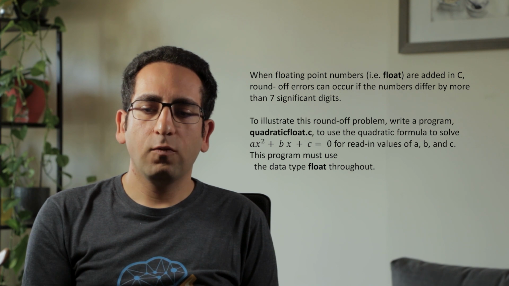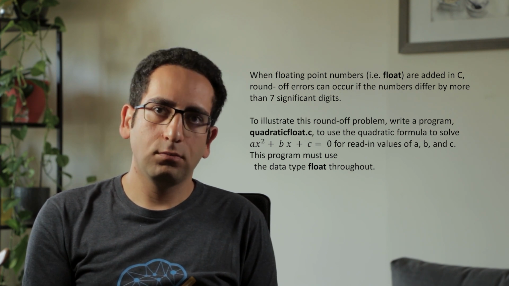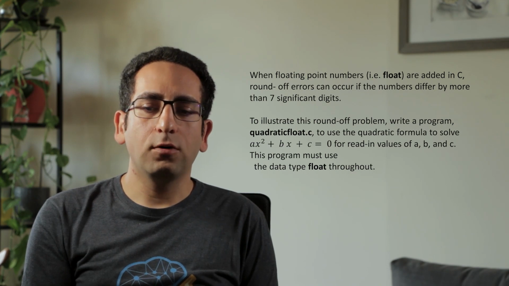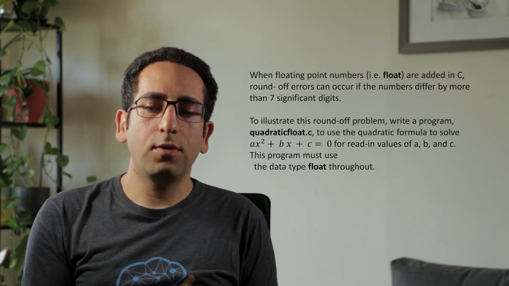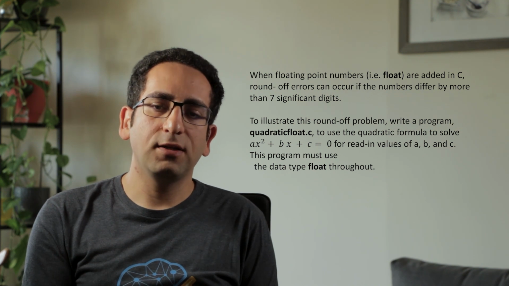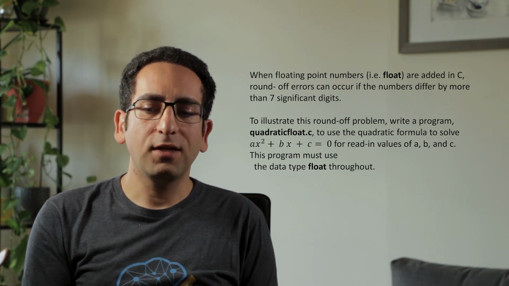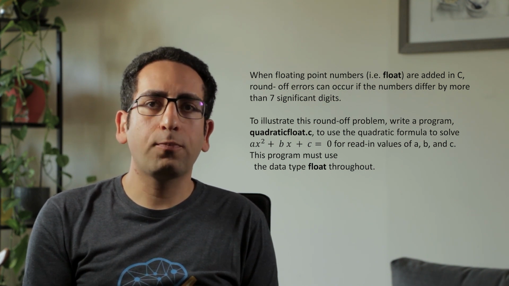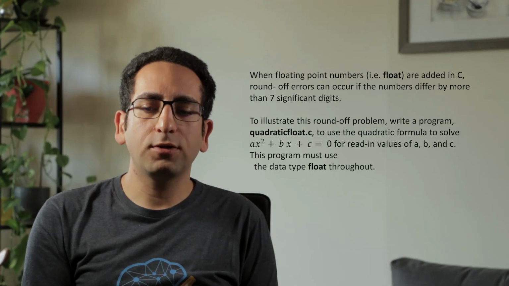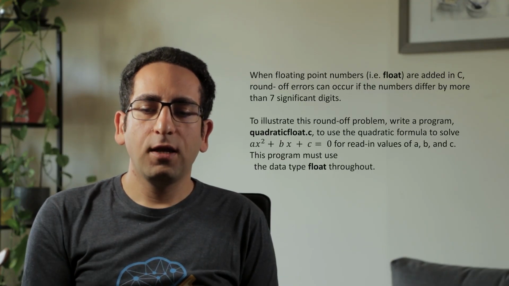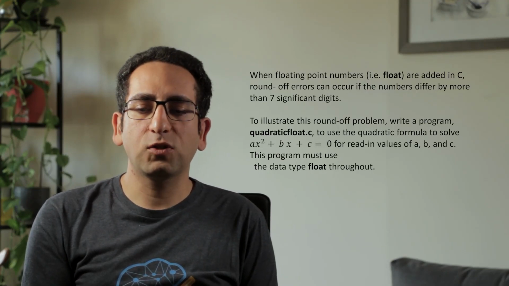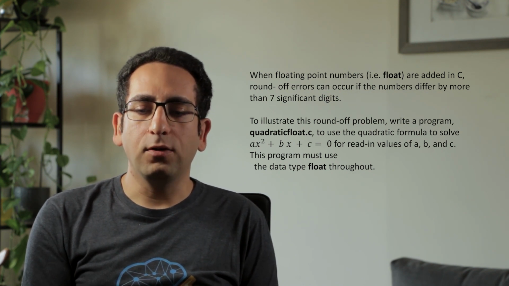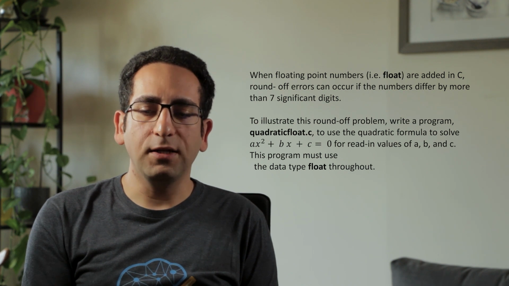The point is, when floating point numbers, the float data type in C, are added in C, round-off errors can occur if the numbers differ by more than 7 significant digits. To illustrate this round-off problem, the question is asking us to write a program to use the quadratic formula to solve ax^2 + bx + c = 0 for real values of a, b, and c.